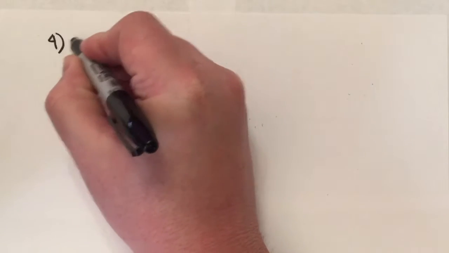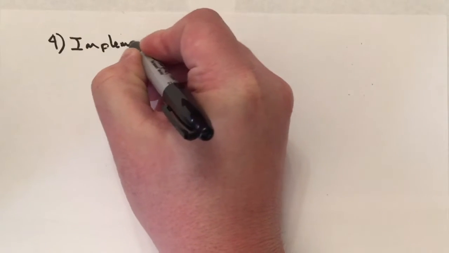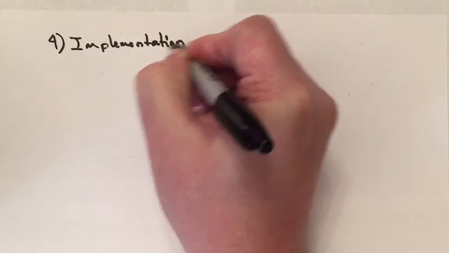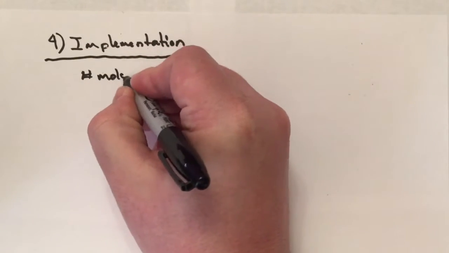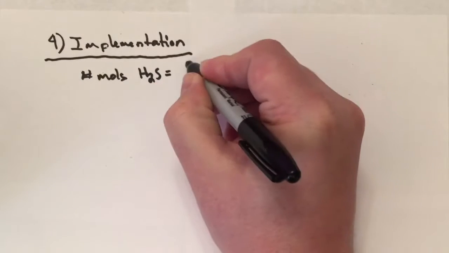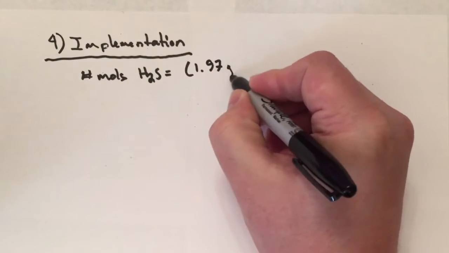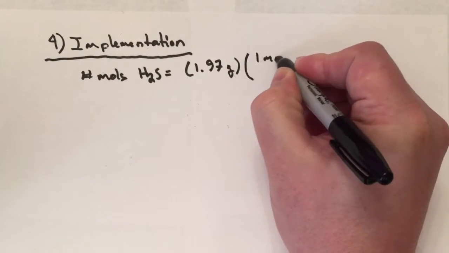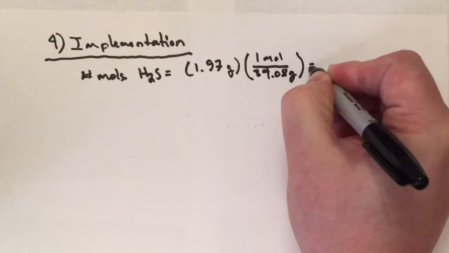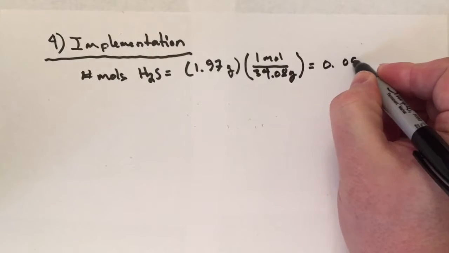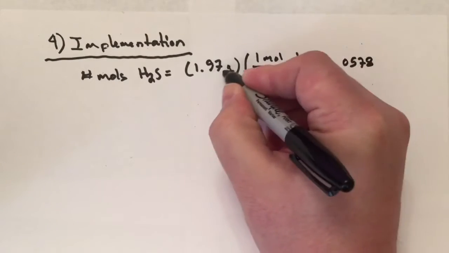Going through and implementing this strategy now, number of moles of dihydrogen sulfide is equal to its mass times the inverse of its formula weight, which equals 0.0578 moles.